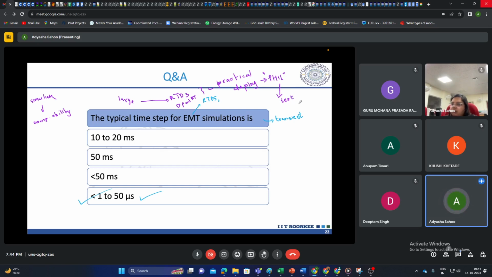And finally, when it is able to pass all the tests, we then physically deploy in the distribution system so that we do not face any problem. So with Simulink, we cannot tell how it is going to behave in the practical scenario. So for that, we are using these simulators.